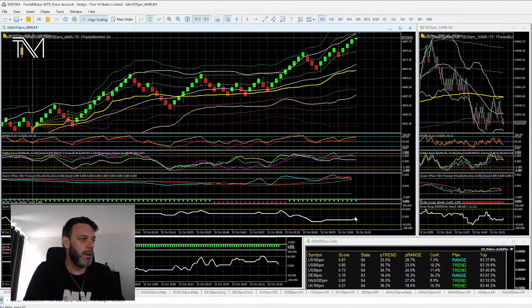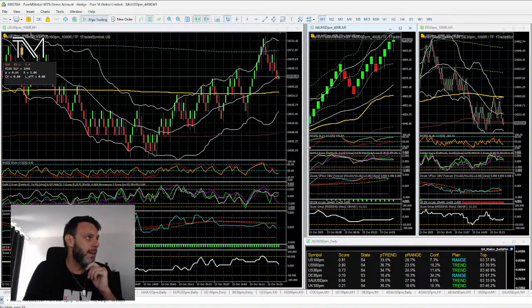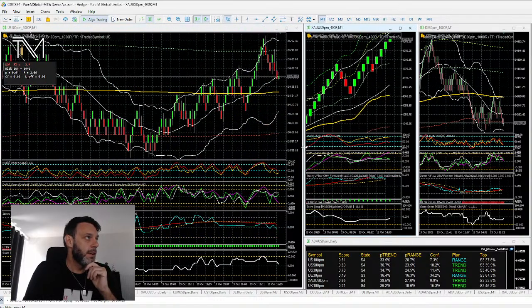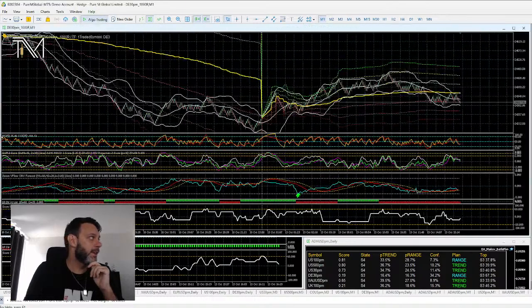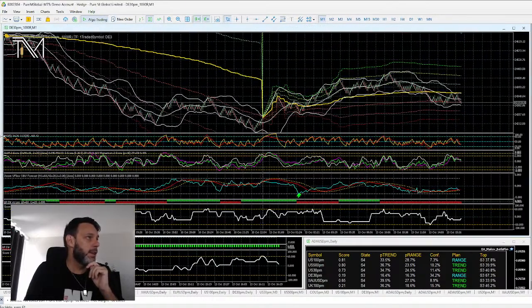This indicator mixed is still around 0, so it's not interesting, and the histogram is green, so we don't have anything here.